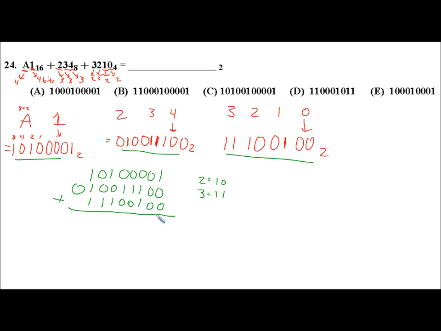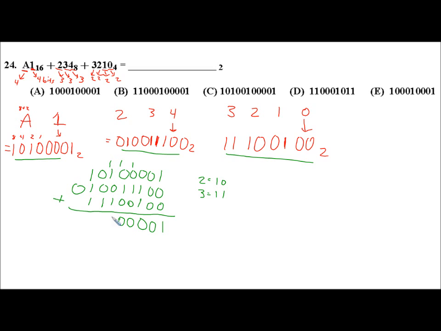And let's just add column-wise. We have 1 plus 0 plus 0, which is 1. 3 zeros is 0. 0 plus 1 is 2, which is 1, 0. So we can carry here 1, 0. 1 plus 1 again is 1, 0, so carry the 1. Here again, because we carried the 1, we have 1 plus 1, which is 1, 0.